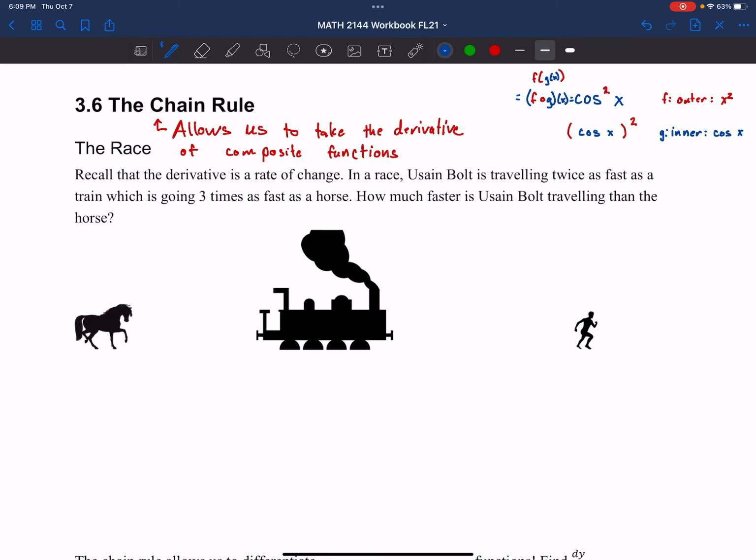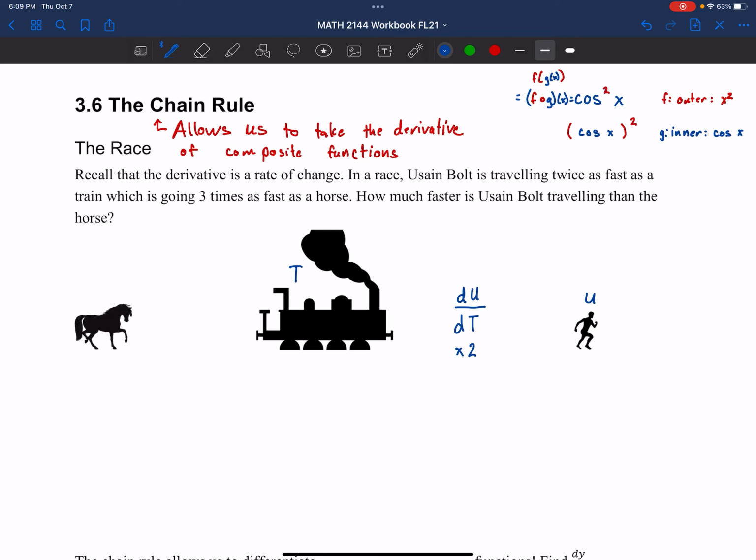So let's consider Usain Bolt, we'll just do U right here. And we're told that he's traveling twice as fast as the train. So let's call the train T. What we're given is the change in Usain Bolt with respect to the train. Well, this is just going to be twice as fast.